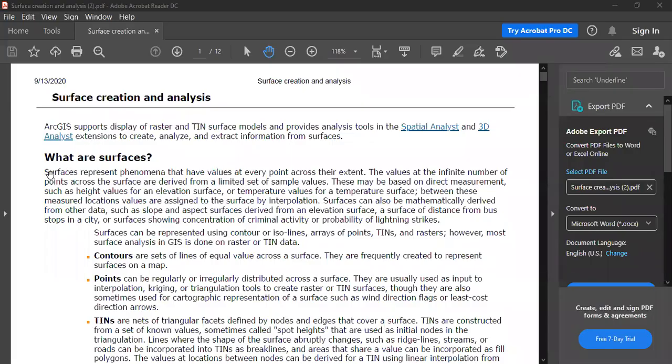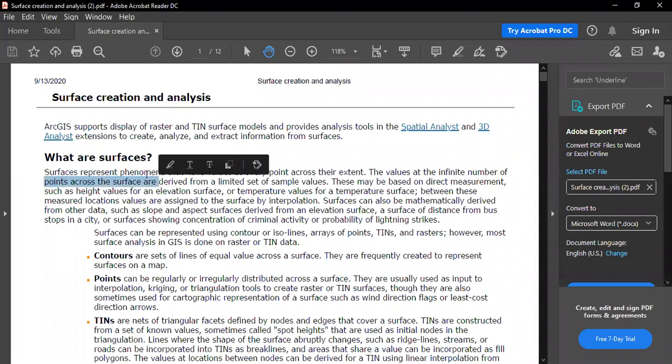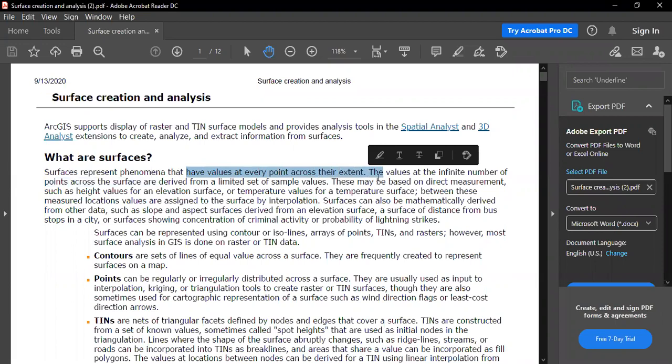All right, so let me share this one with you and then we'll just go. Surfaces represent phenomena that have values at every point across their extent. The values are the infinite number of points across the surface. Let me take elevation, for example.